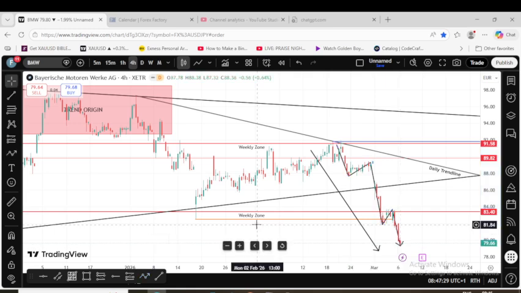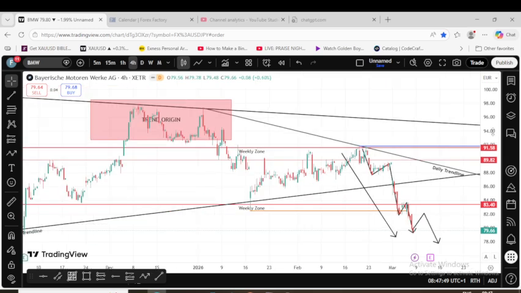So the best thing for us to do at this point would be to wait for a correctional move, probably somewhere around here, to take the next impulsive move. But this is a short-term trading goal. On the long term, the best thing for us to do is to wait for a major correctional.